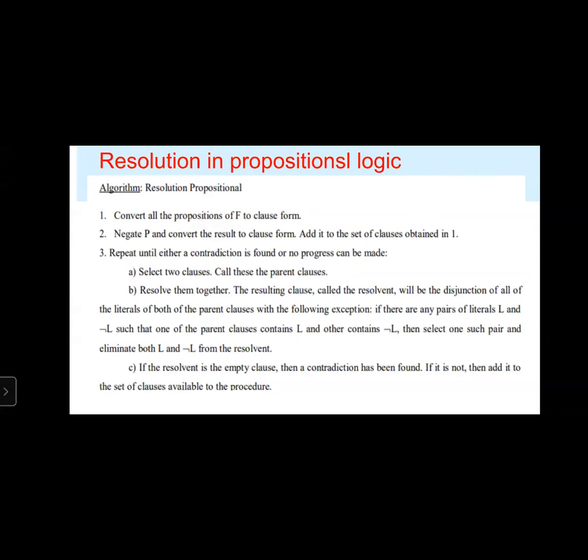If there are any pairs of letters L and not L, such that one of the parent clauses contains L and the other contains not L, then select one such pair and eliminate both L and not L from the resolvent. If the resolvent is the empty clause, then a contradiction has been found. If it is not, then add it to the set of clauses available to the procedure.